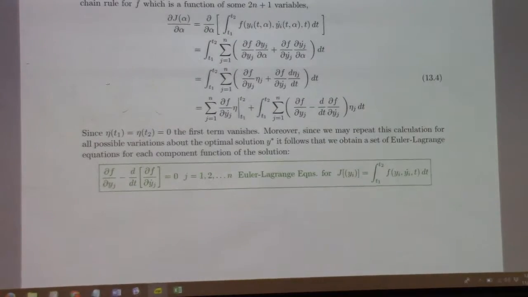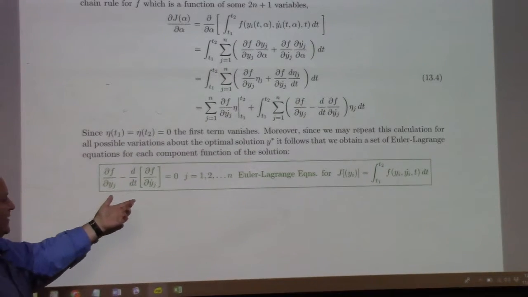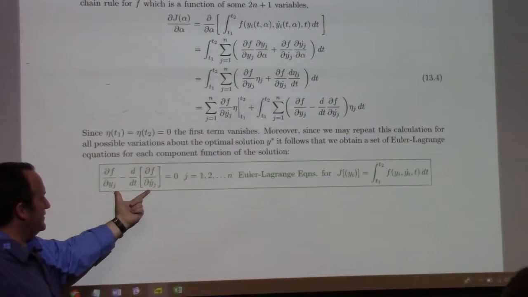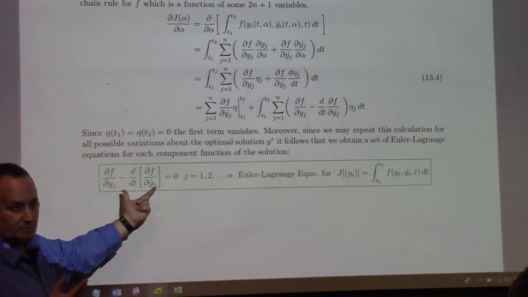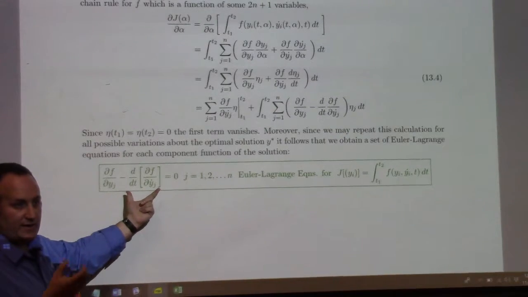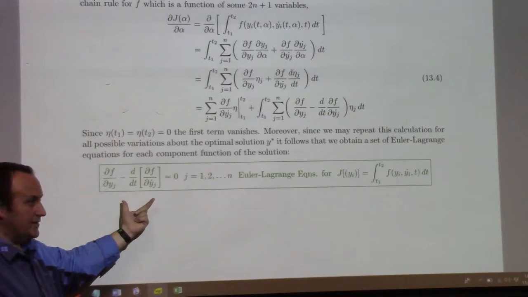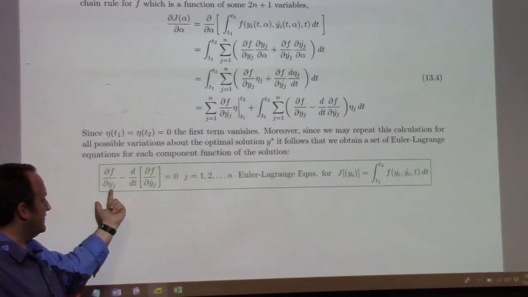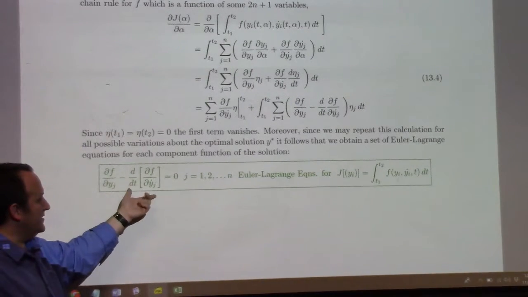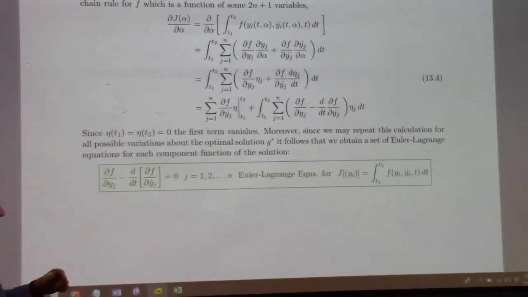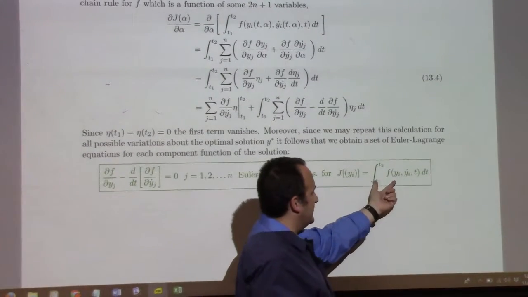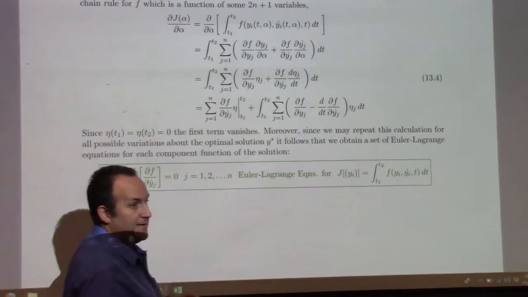And you can derive the Euler-Lagrange equations essentially the same way, but now instead of having just one Euler-Lagrange equation for your one dependent variable y and its derivative y prime, you get a Euler-Lagrange equation for each dependent variable, for each as many as you have, j equals 1, 2, and so on. You get n Euler-Lagrange equations, which will minimize this action, which is built from these n variables and their derivatives.